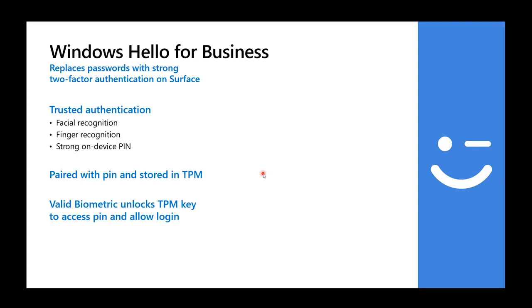When Hello for Business is implemented, you can adapt all the trusted authentication methods like PIN numbers, facial recognition, iris scanner, fingerprints, etc. All those types of authentication biometrics that are used on mobile devices, so that come what may, whichever type of device I may go to, I will get the same level of experience in accessing that device.